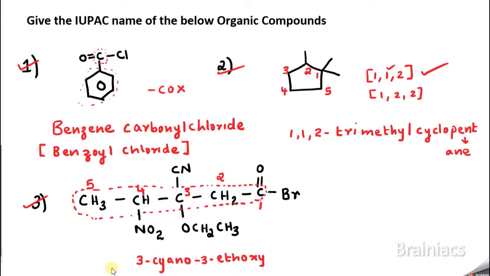Then at the fourth position you have nitro, 4-nitro. Then the word root has 5 carbon atoms, so we use pent. Then all are linked through single bonds, so we use pentan. At the first position you have an acyl halide, so pentan-1-oyl. Then bromine is there, so we say bromide: pentanoyl bromide.